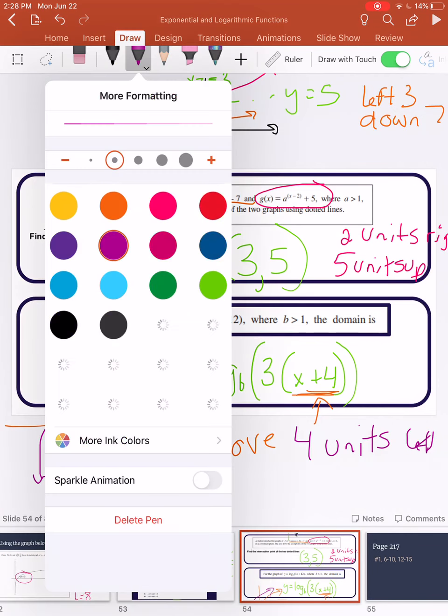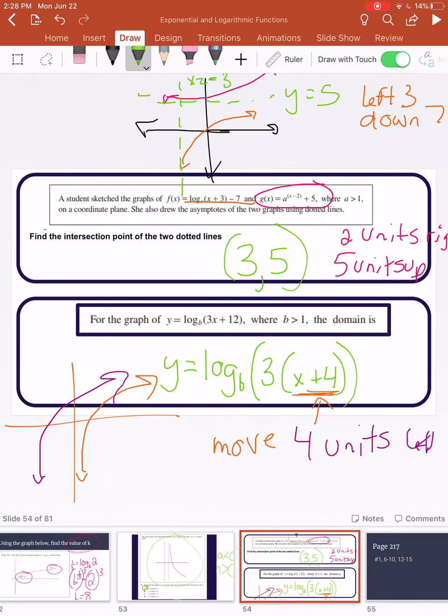So I have a vertical asymptote then at x equals -4. So then if I have a vertical asymptote at x equals -4, that means my domain would have to be x is greater than -4, where x is an element of all real numbers.